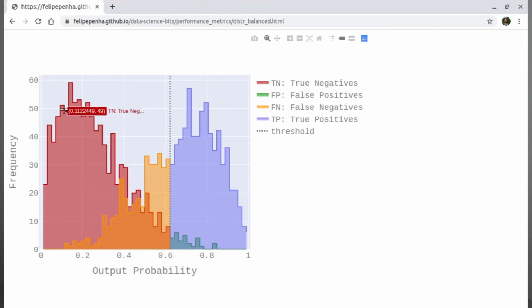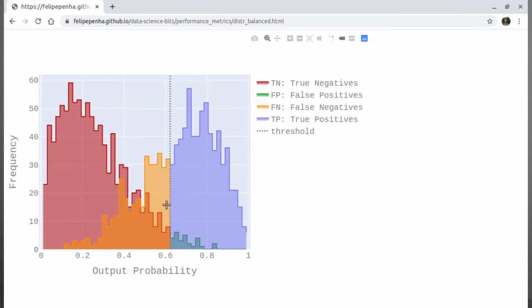And because this red portion of the curve is below the threshold, they are actual negatives being predicted as negatives. So they are true negatives, denoted by TN. When you go above the threshold on this portion of the histogram, you have actual positives being predicted as positives. So these are true positives, TP.